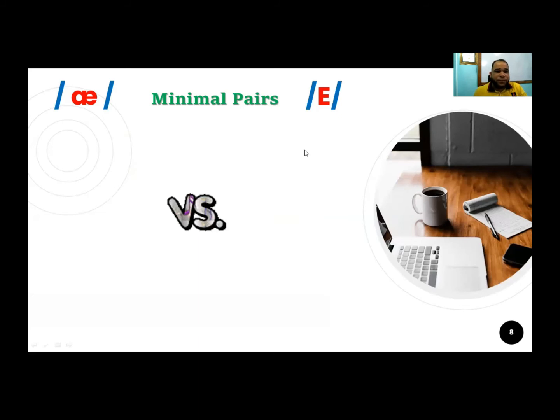For example, here we have the word axe versus X. Axe, X. Also, we have the word mad versus met. Mad, met. Also, I have the word pan. Look at this. Pan versus pen.